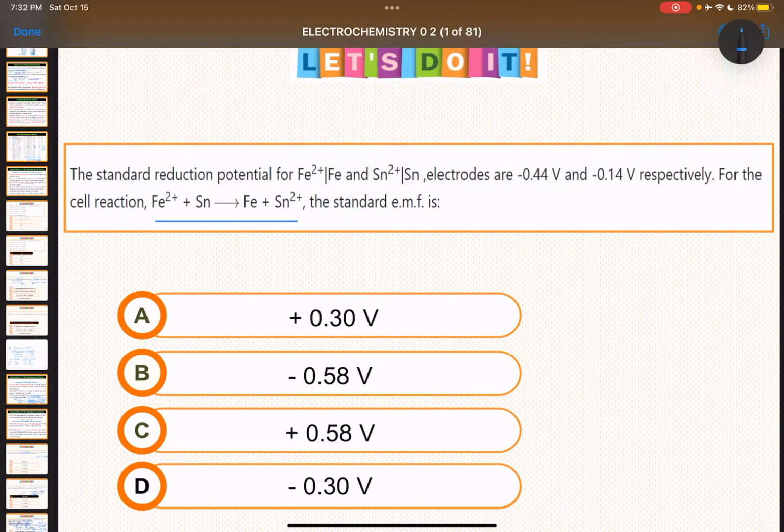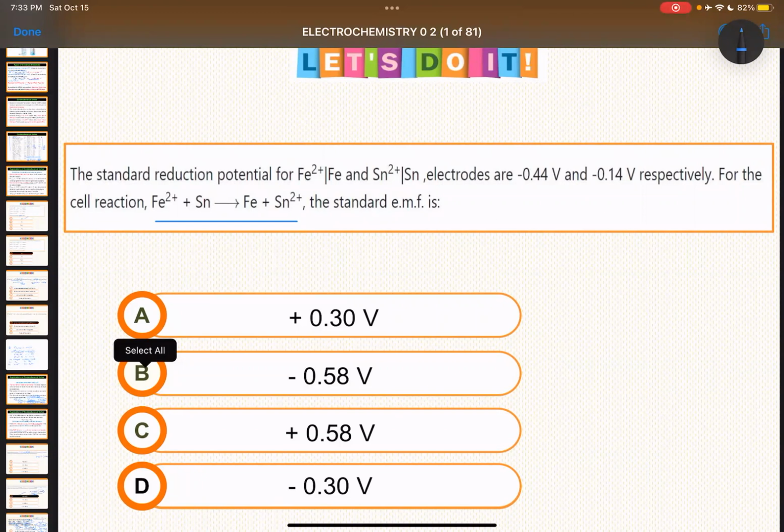You are going to consider the cathode and anode as per the equation, not as per your own choice. Most of the students get confused in this case only, about when to decide on their own who is cathode and who is anode. If the equation is not given, then you will decide on your own. But if the equation is given, then you do the work as per the equation, right?